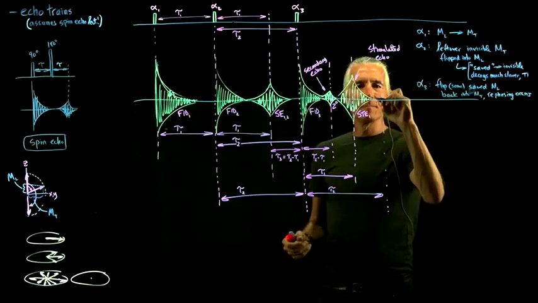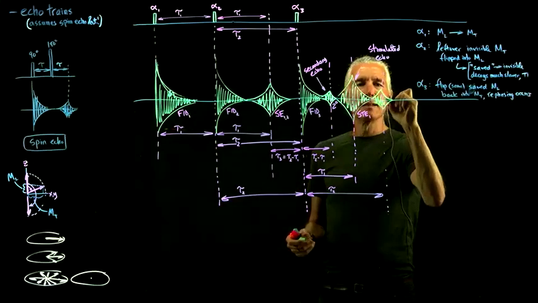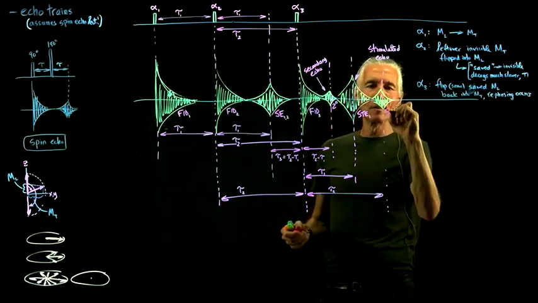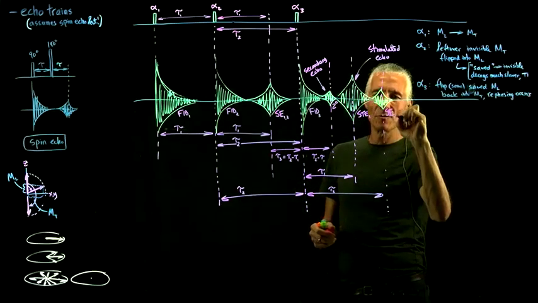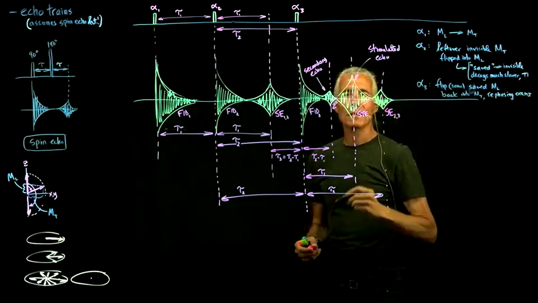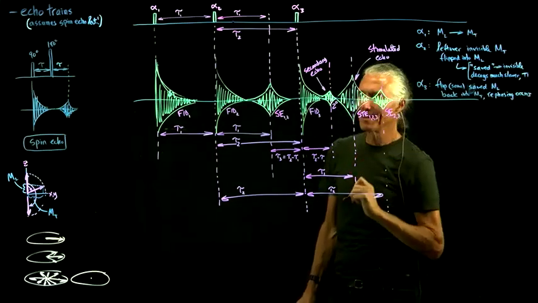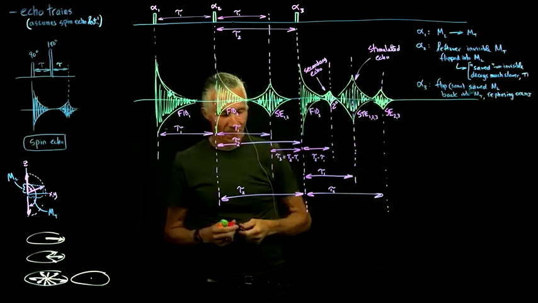It's a smaller one, so it'll be another smaller one. And so this guy is spin echo 2, 3. So this is stimulated echo 1, 2, 3, because you need all the pulses for that one.